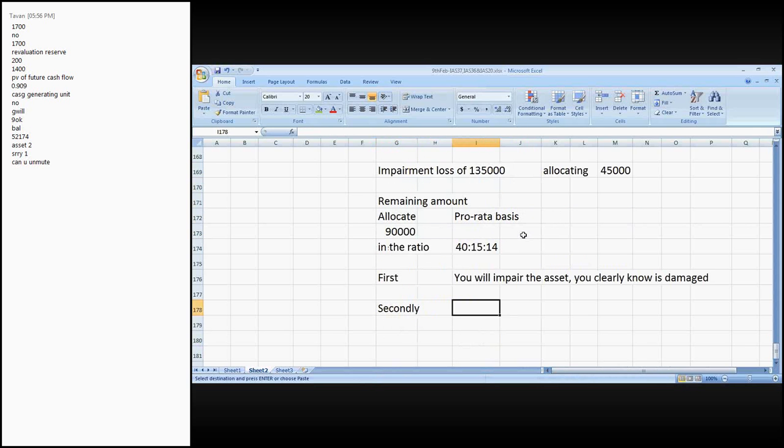Secondly, we'll charge to goodwill, impair the goodwill.